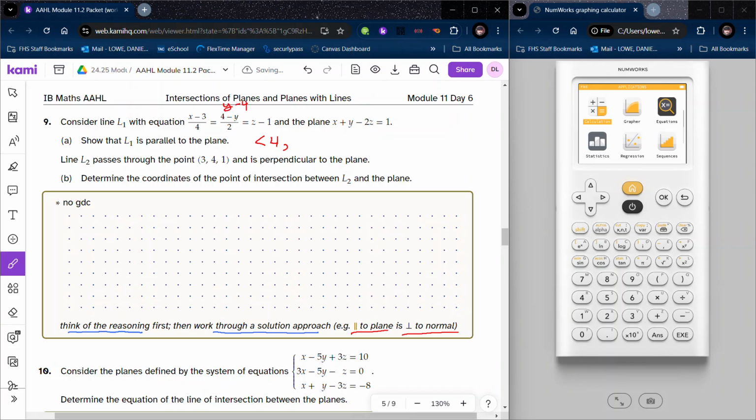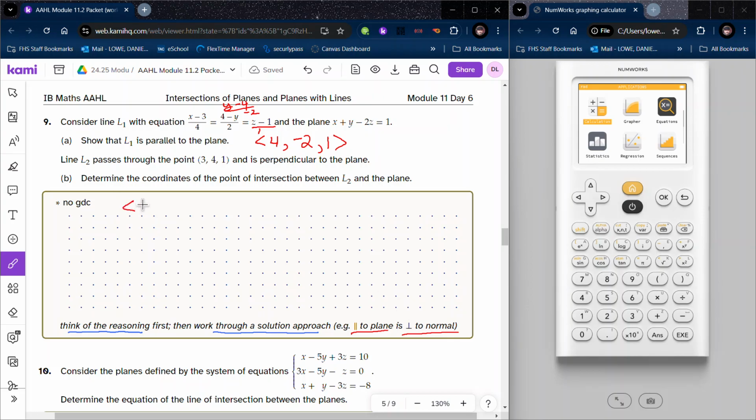And if I factor out a negative, that gives me a negative 2 for the y directionality. And then z minus 1 is over an implied 1, so the directionality of the line L1 is 4, negative 2, 1.